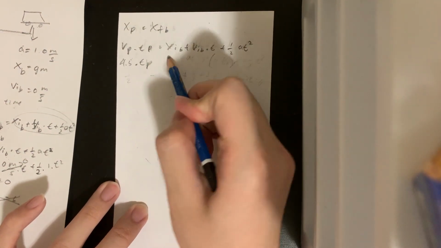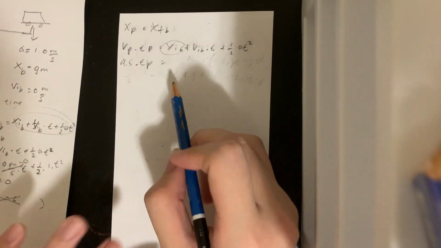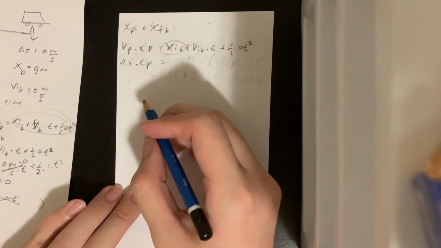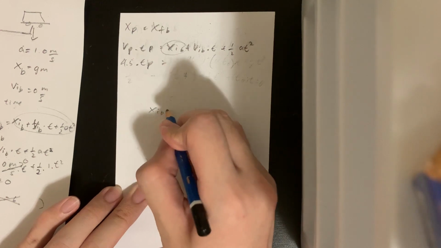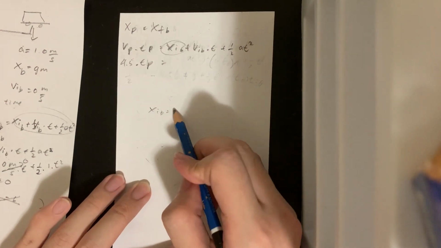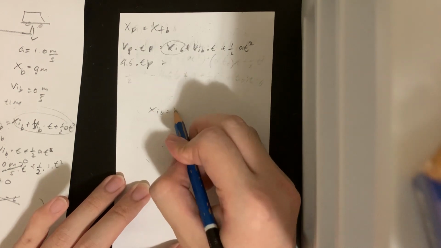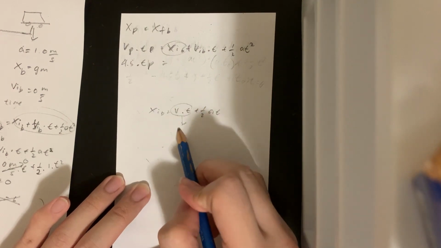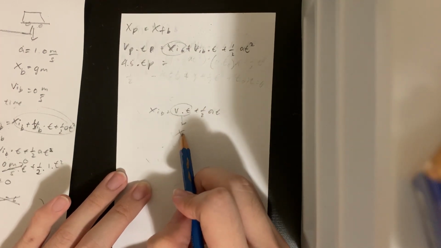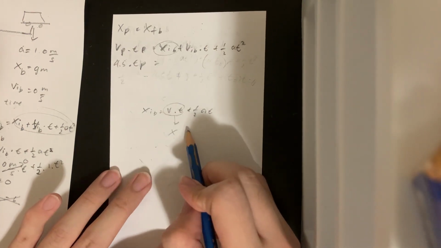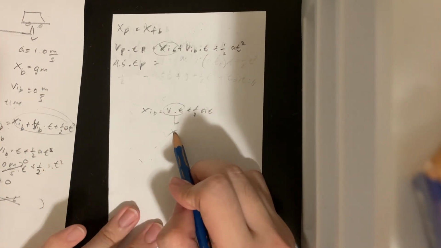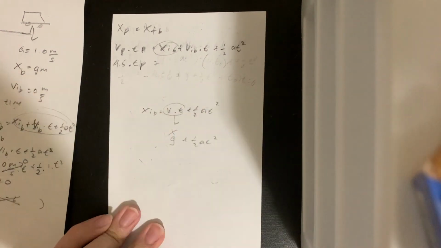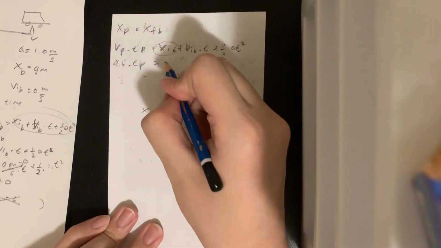This is the kind of confusing part: for the position of the bus, we can say that this part is x, so the position is velocity times time. So this part is 9 plus 1/2 a t squared. Okay, so we can use this and move it here.